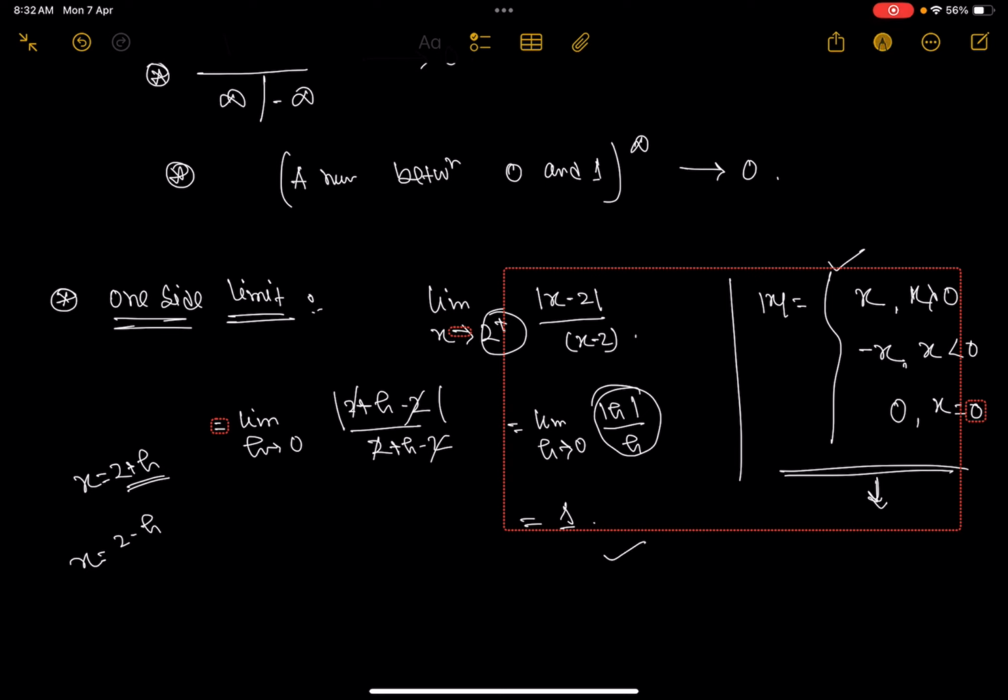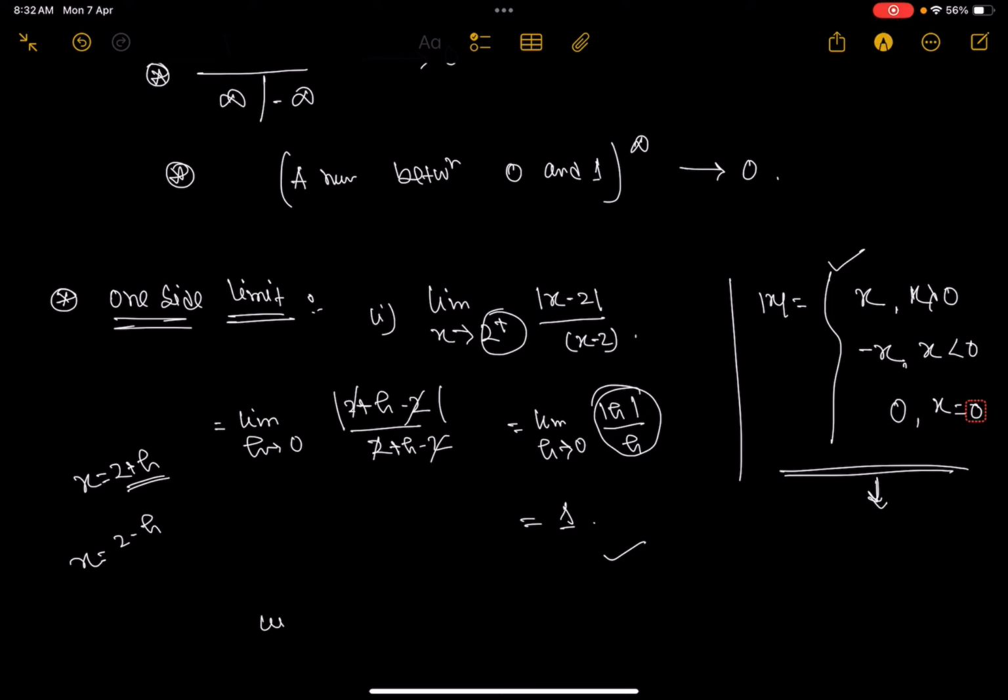For a similar problem, if we take the left hand limit, x tends to 2 minus of mod of x minus 2 divided by x minus 2, we see that limit h tends to 0 of mod of 2 minus h minus 2 divided by 2 minus h minus 2.